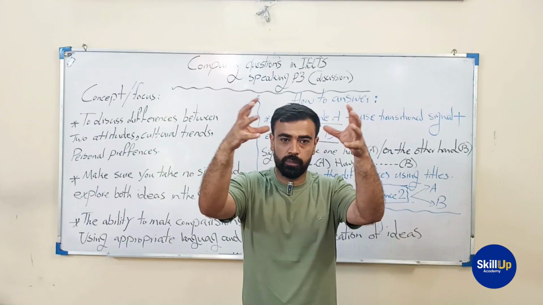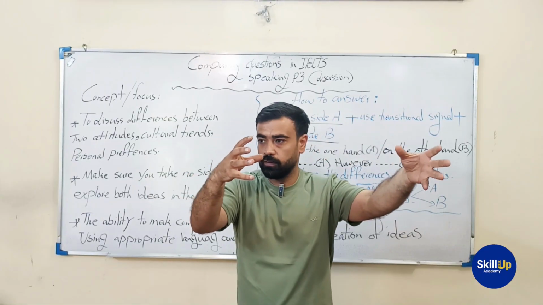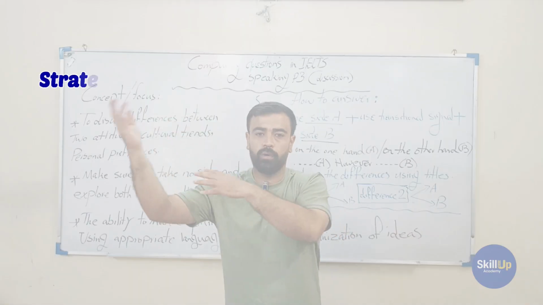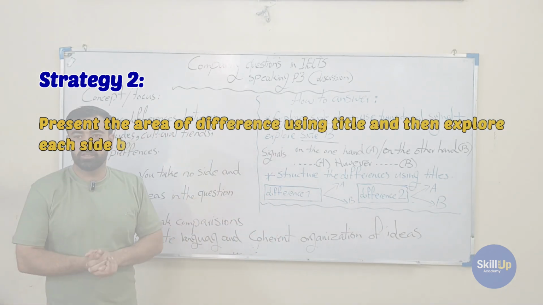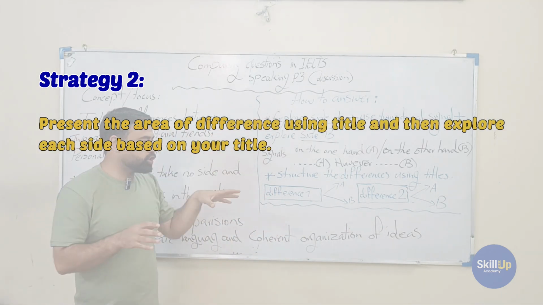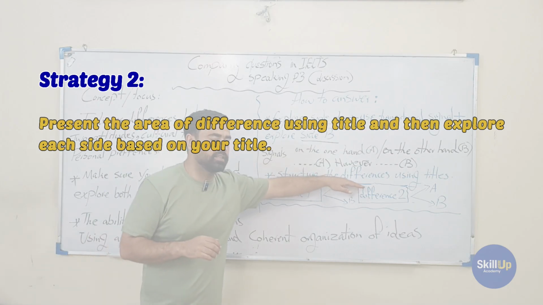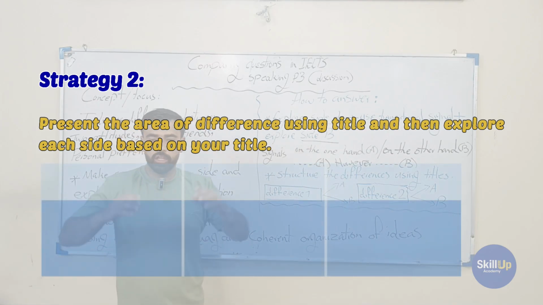As you could see, I just talked about the first side, and then I discussed, however, part B. The second one, you don't use this strategy. First of all, you structure the differences using titles.